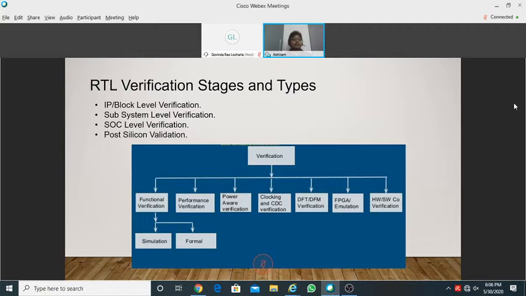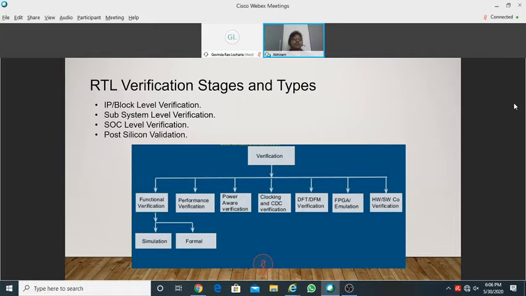Once you have a block, you can integrate it with another block, like a controller and a PHY. You merge both of them and run a verification environment, and you see whether both the blocks are talking perfectly. If you say this is compliant to one specification, this also should be compliant to the same specification.